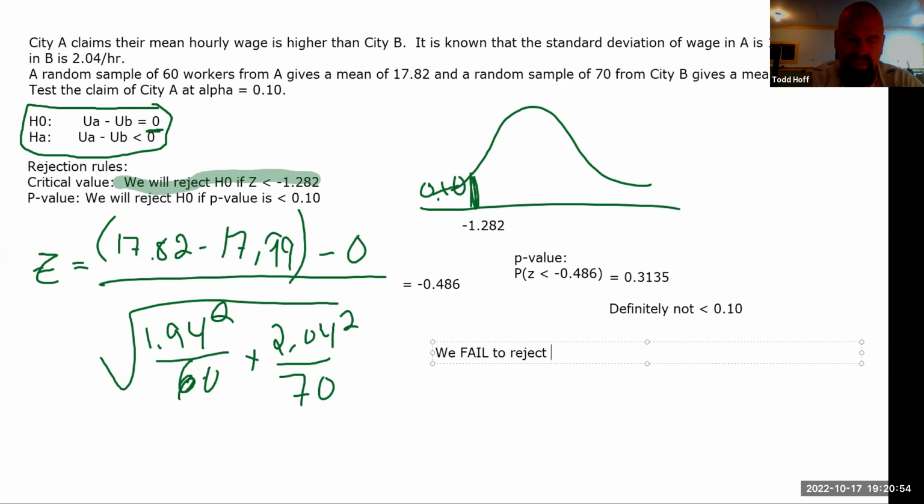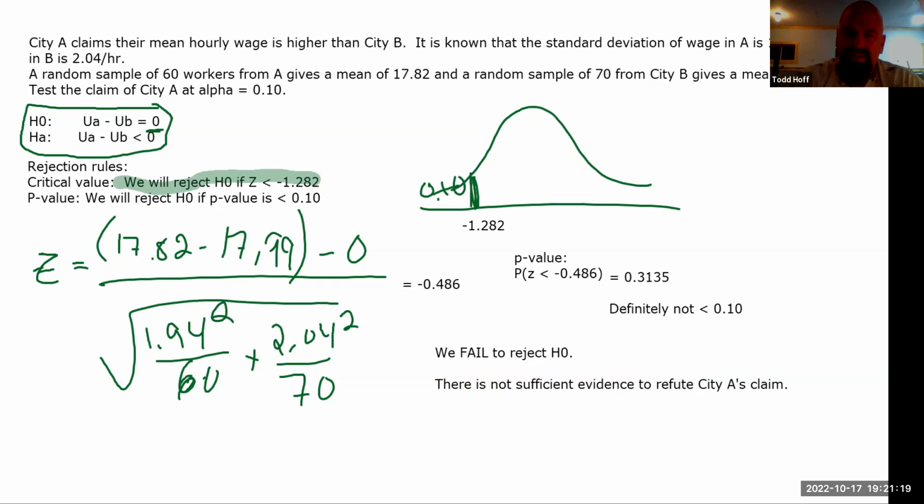So we failed to reject H0, which means there is not sufficient evidence to refute City A's claim. So even though our sample showed a lower wage for City A, it's not low enough that we can say that City A's claim was wrong.